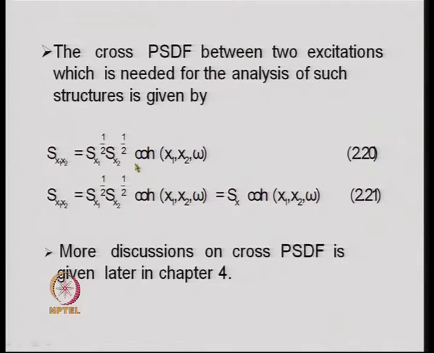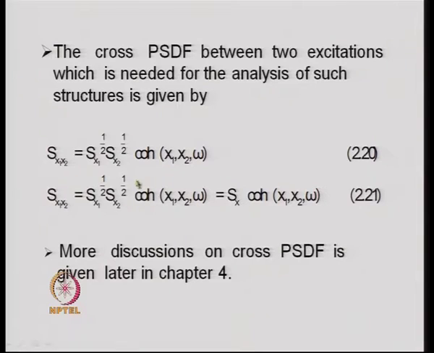In fact, this coherence function represents the correlation between the two ground excitations at points x1 and x2. For the case of a ground motion moving in a particular direction, if the points are aligned in that direction, then the power spectral density function at x1 and at x2 are the same, or in other words, in the sense of mean square value, these two ground excitations are the same.